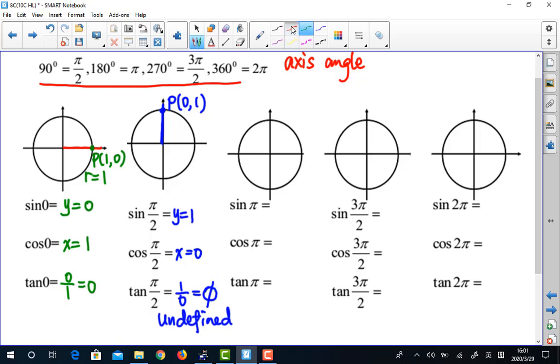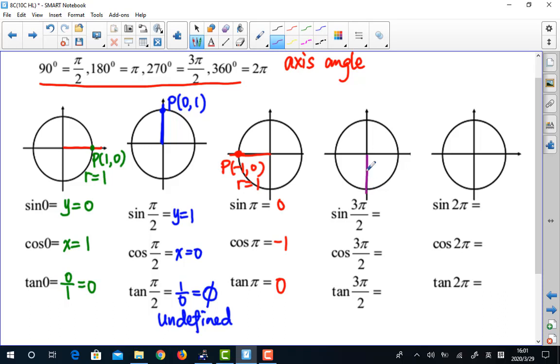Right now, let's find the trig ratios of angle pi. So pi terminates here. This point should have the coordinates -1, 0. R equals 1. So sine pi is 0. Cosine pi is -1. Tangent pi is 0 over -1, which is 0 again.